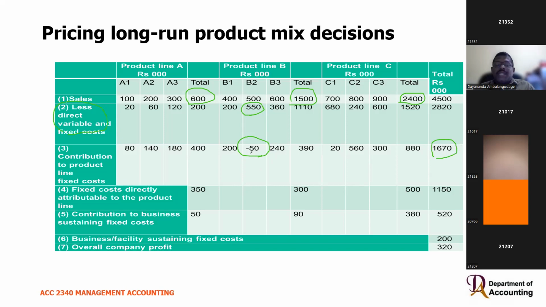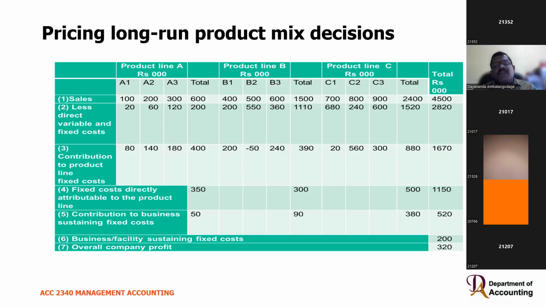Now you have to take a decision whether to really give up that product or not. When you take this decision, your discussion will start with the cost information. Why? We see that the value of the cost and the sales revenue gives a negative figure. But you may consider other factors, especially B1 and B3.